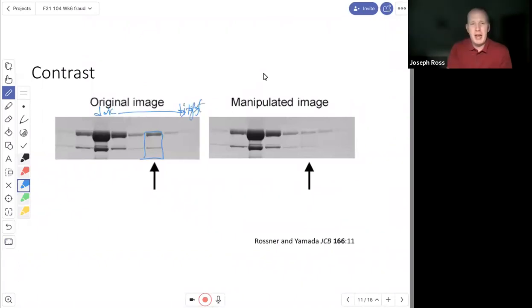And somehow this band is darker than it should be. Maybe somebody screwed up and accidentally loaded those two dilutions in the wrong order or something, but they needed to lighten it up. So in Photoshop or some other program, they used the rectangular selection tool to select part of that gel image and just lighten that part so it fits with their expectation. That's fraud. That's both changing the data as well as only changing part of the entire image, which is not allowed.